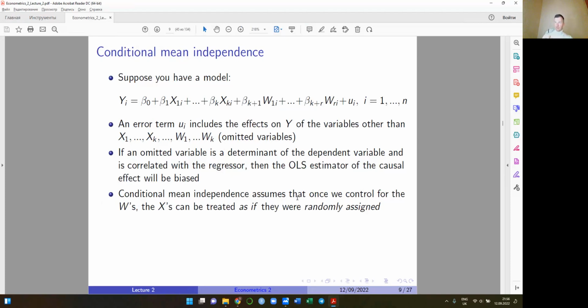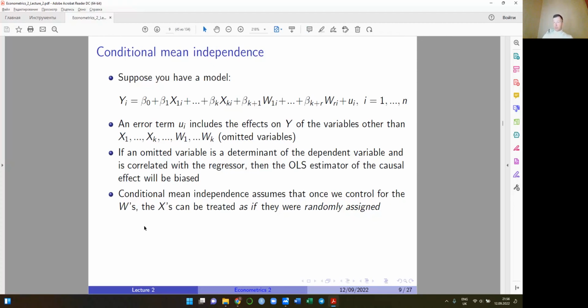The only strict way to confirm that this assumption holds is to run randomized controlled experiments. But working with observational data prevents us from conducting experiments. In many cases, in macroeconomics and microeconomics, we simply are not able to run such experiments.